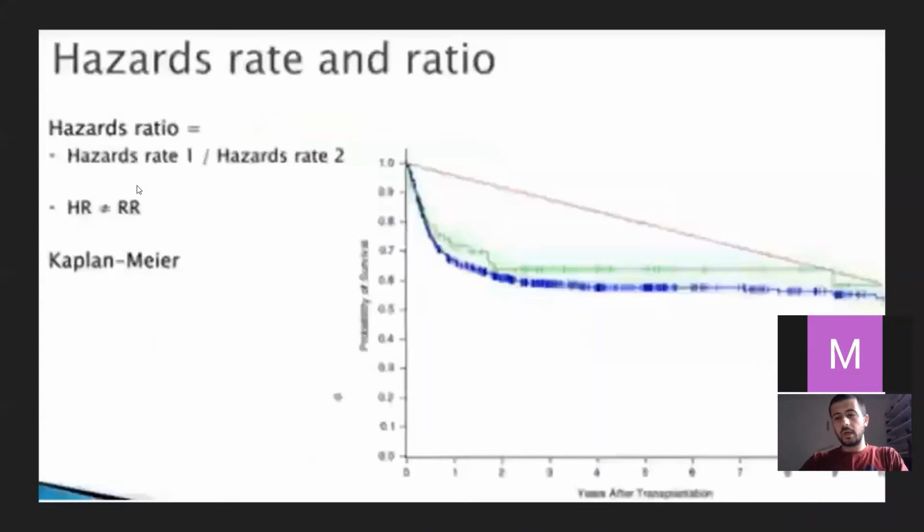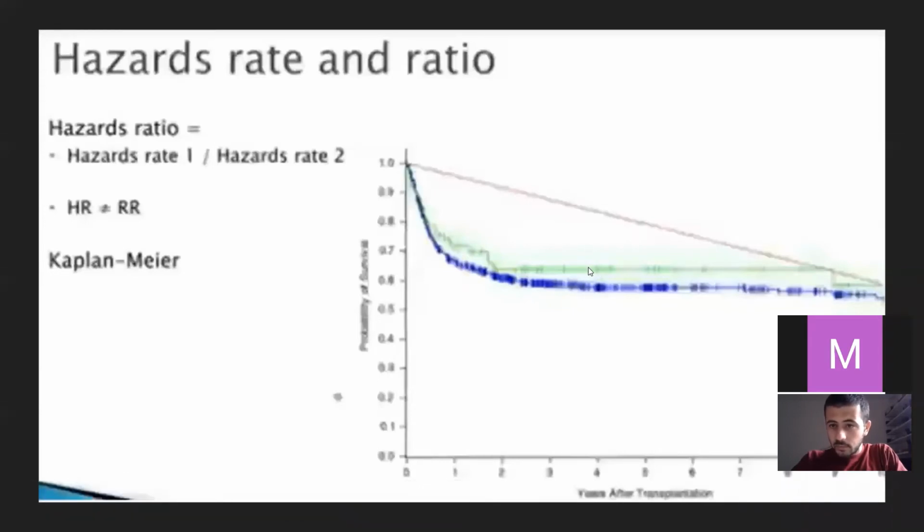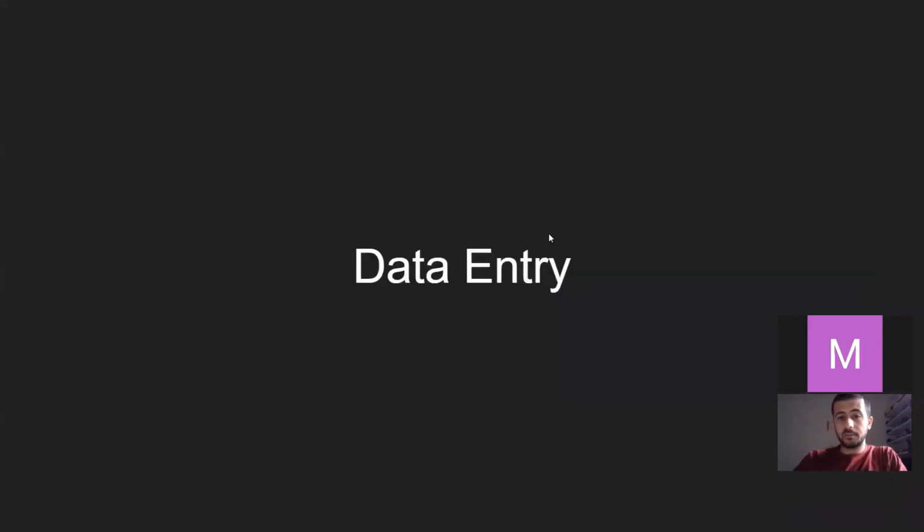Usually the computer calculates them for us, but the hazard ratio for this point, for example, will be the hazard of the risk of getting that effect, mortality or something, on the hazard rate of this point. And this is actually similar to a relative risk or an odds ratio because we are using the same logic, but the hazard is calculated differently.